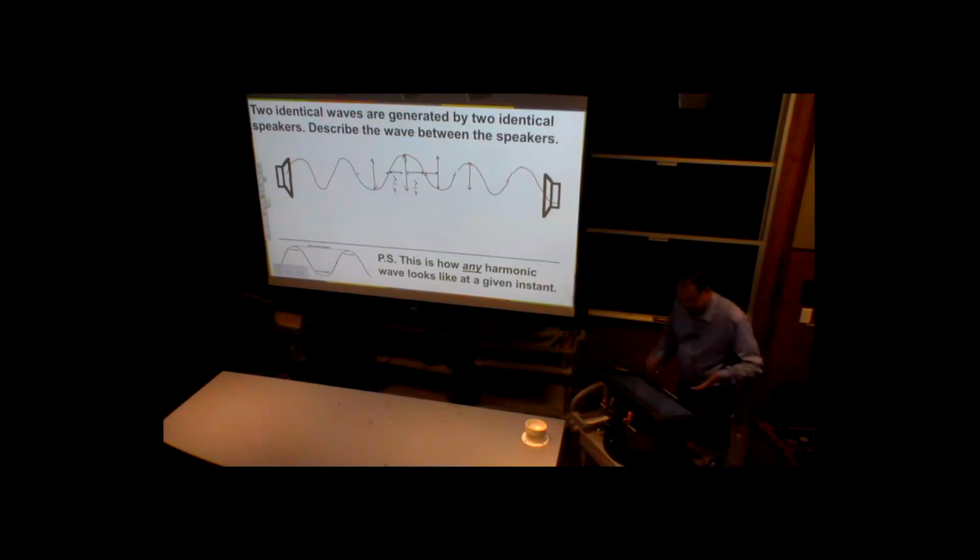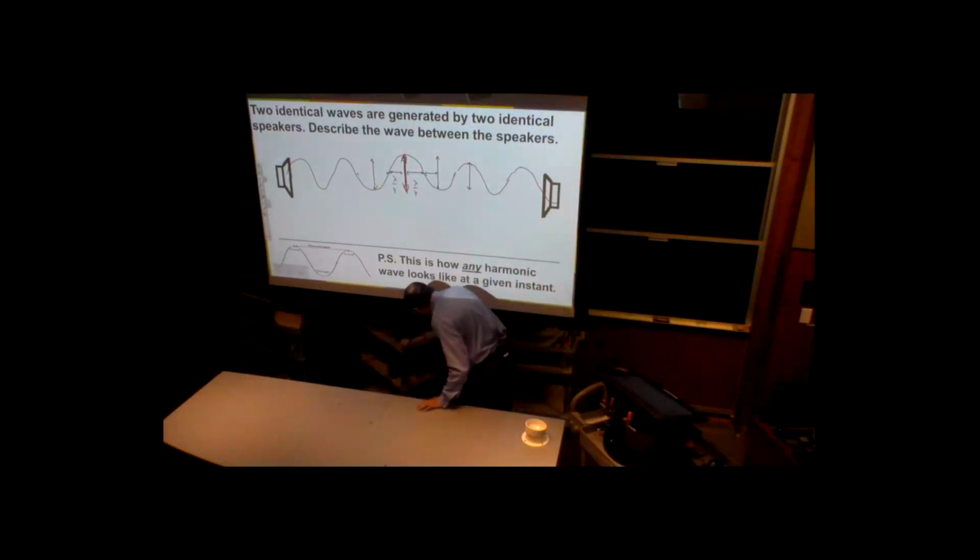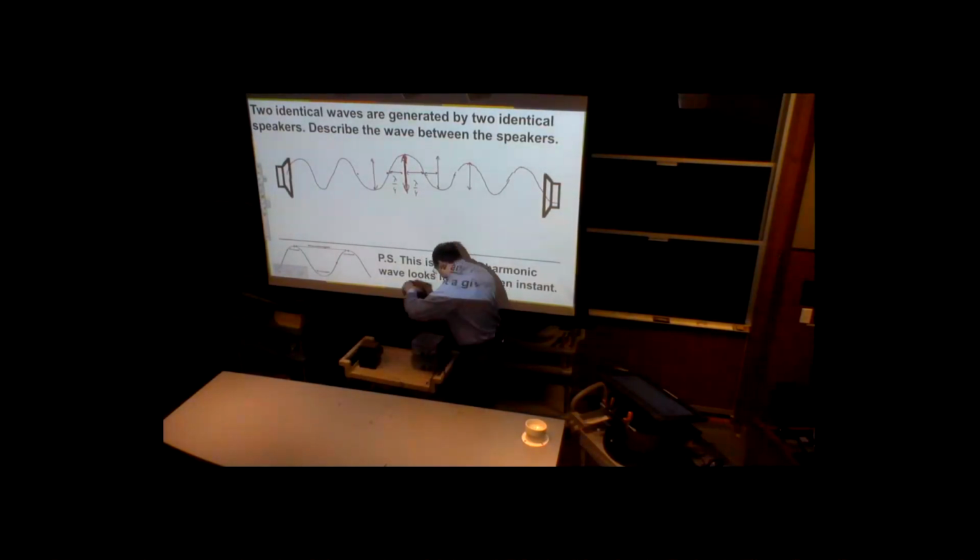So this is a very important fact, which we can use for any driven wave. And we had two speakers yesterday, so I have them again. But now, first they have to face each other.